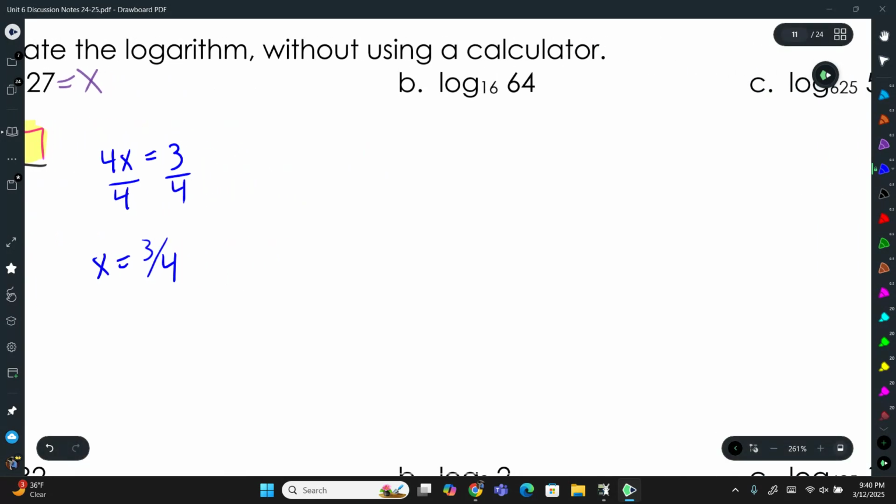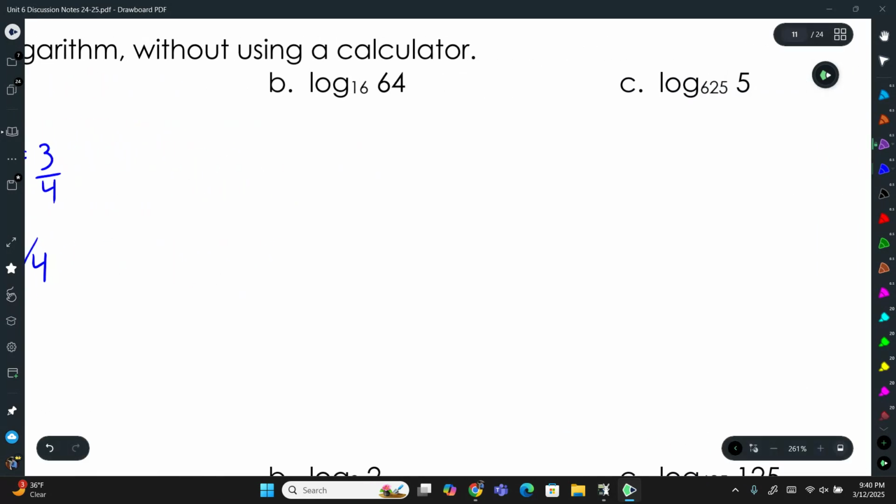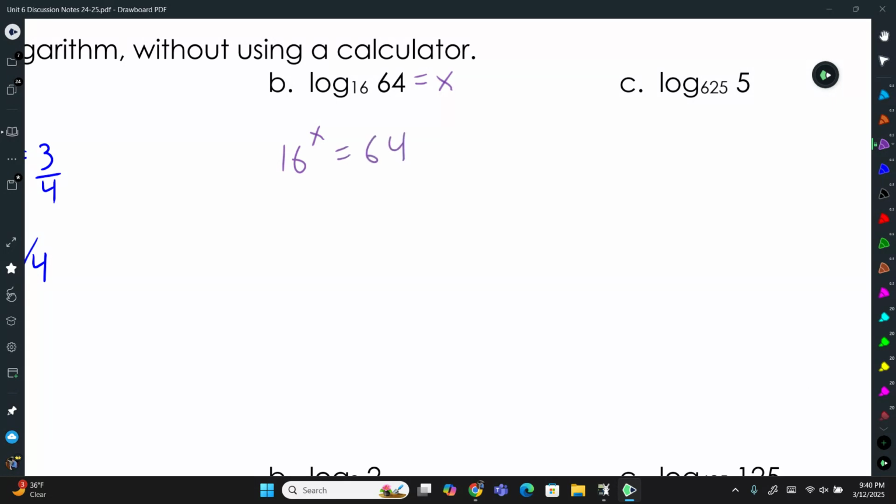All right, letter B, so that's equal to x. 16 to the x power equals 64. Converting it to exponent form. And then, what is the common base that we could use here? 16 can be rewritten as 4 squared.